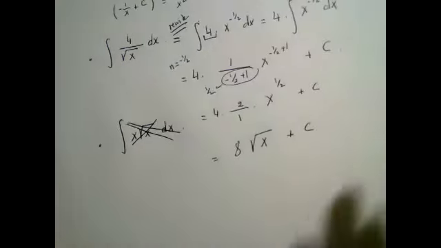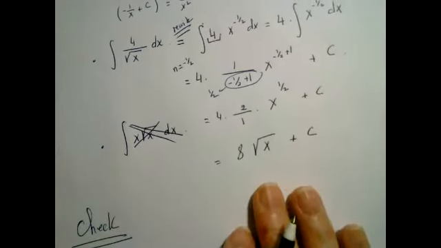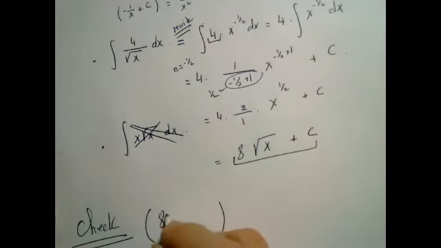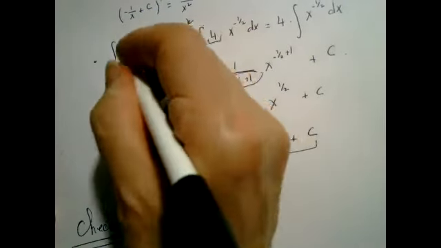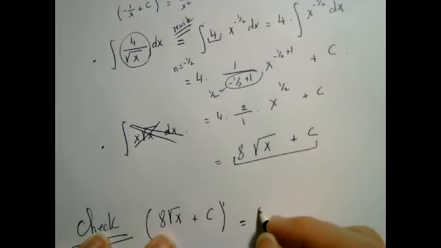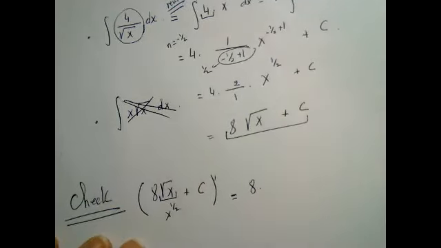So now I check my work. What do I check? I differentiate this term, and I should get that. If I don't, it means what I'm doing is nonsense. 8 is a constant, and the square root of x is x to the power a half.